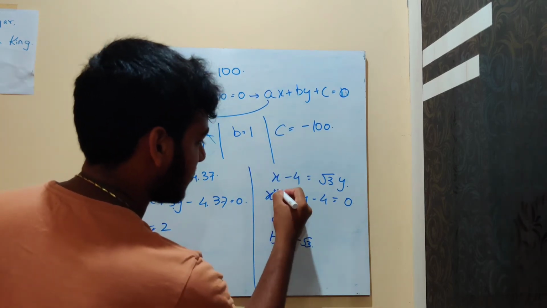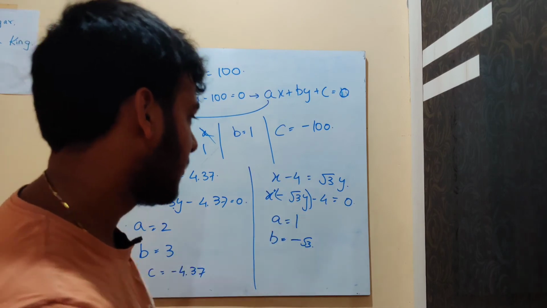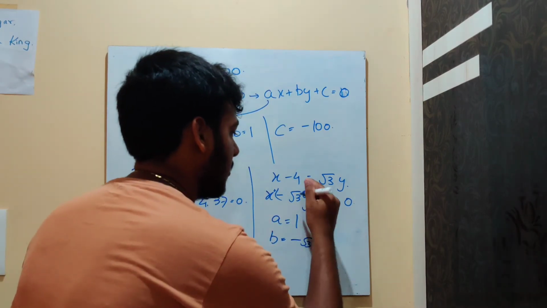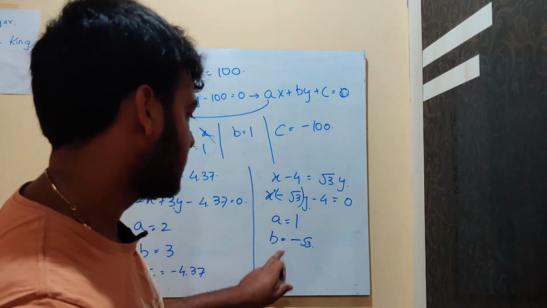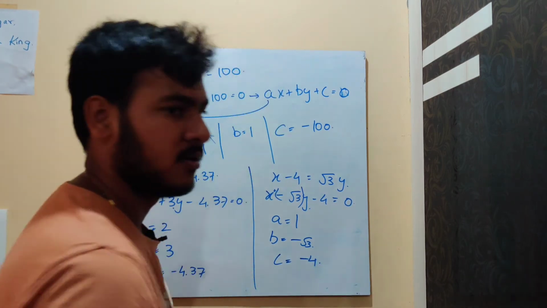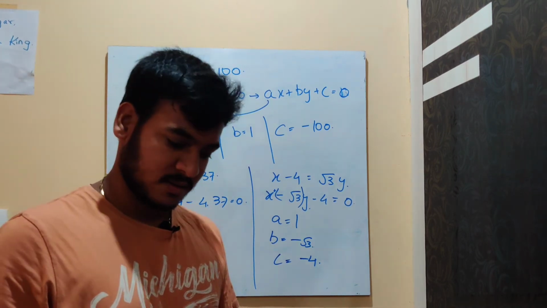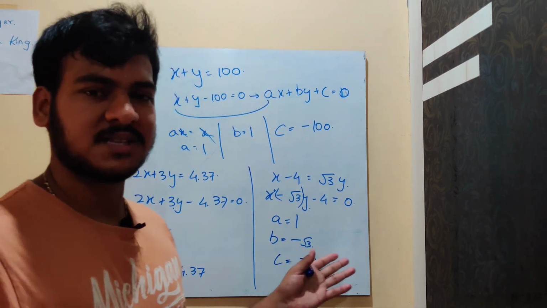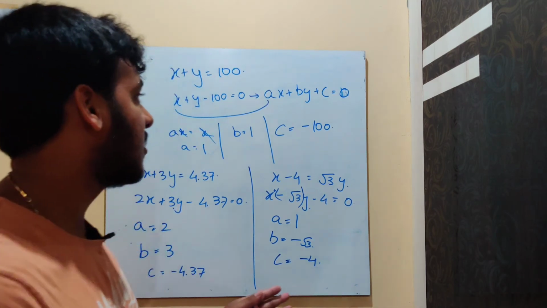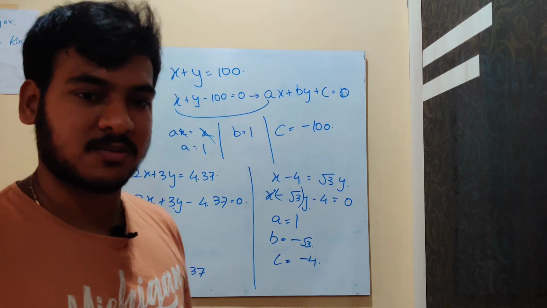If I take plus over here and take this inside the bracket, I'll get the value of b as minus root 3 and c is minus 4. So keep on practicing the problems from the textbook for this. These are very simple problems. You can happily practice them from the textbook.